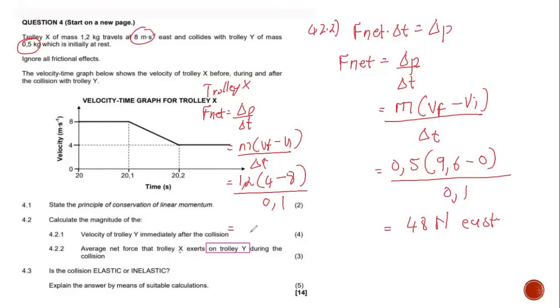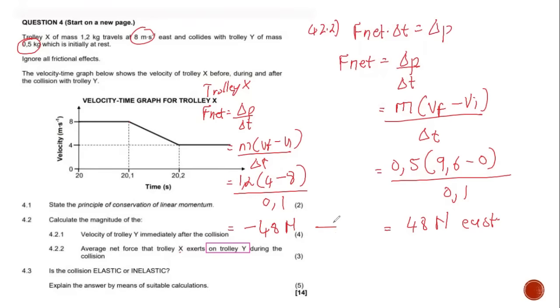Remember, they were colliding together. Then when you punch that into your calculator, you get negative 48 newton, which, as you can see here, is negative because this indicates the net force that Trolley Y is actually exerting on Trolley X.